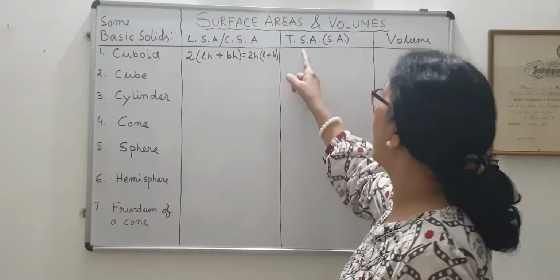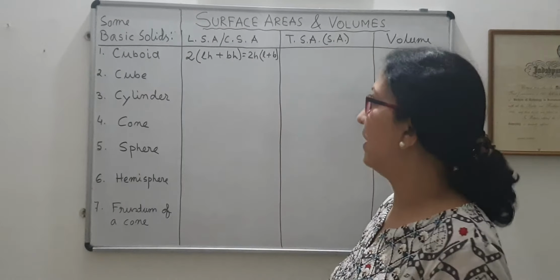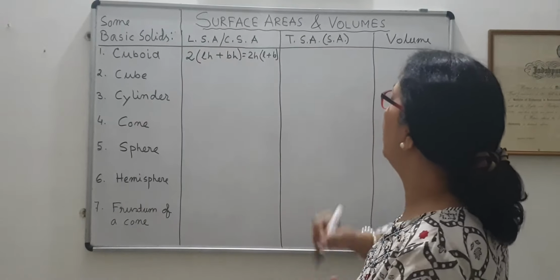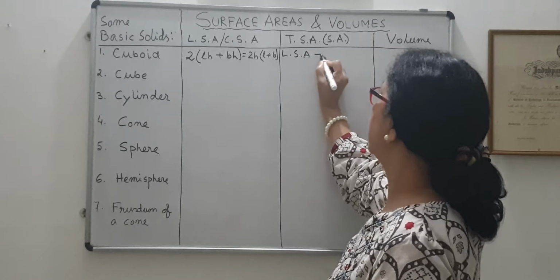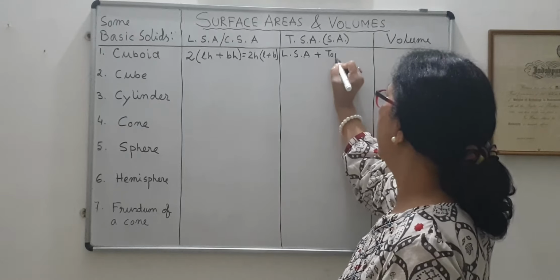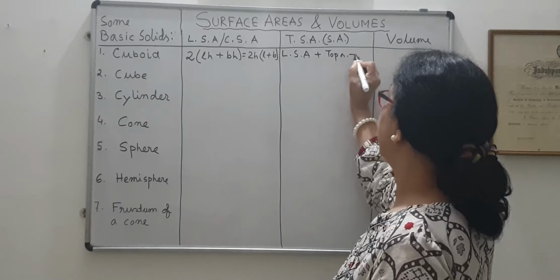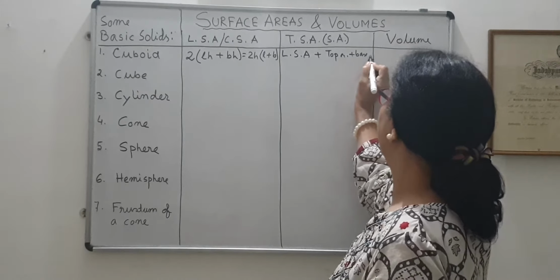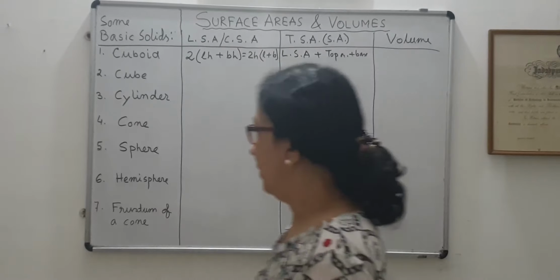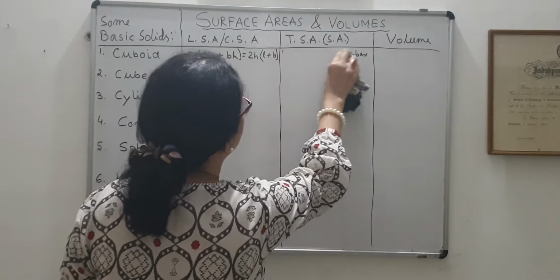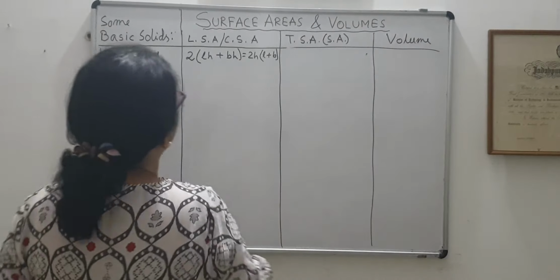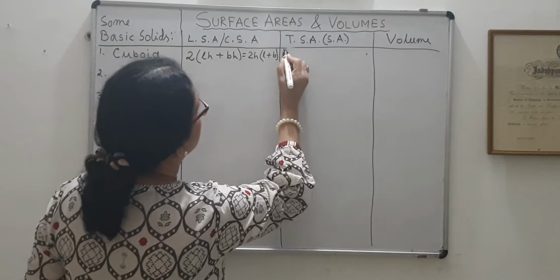Now next, total surface area. To the lateral surface area we will add the top area and base area. Let me write this.